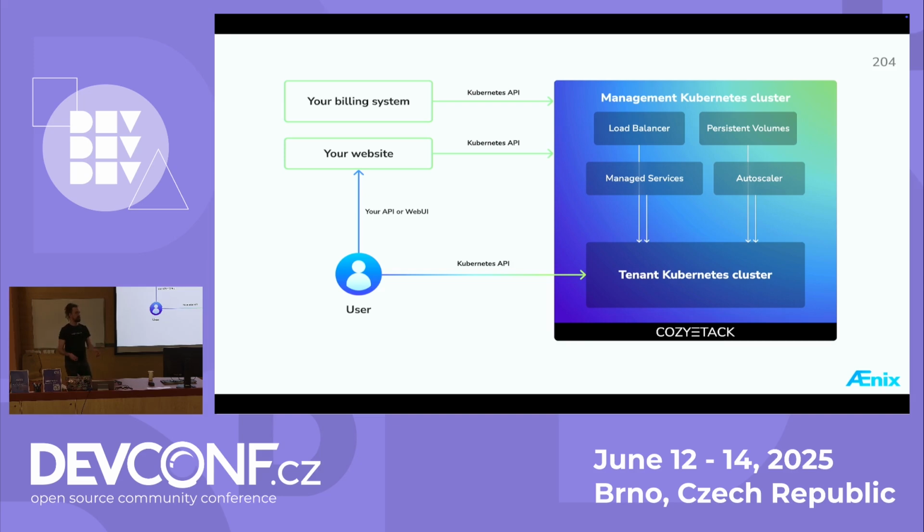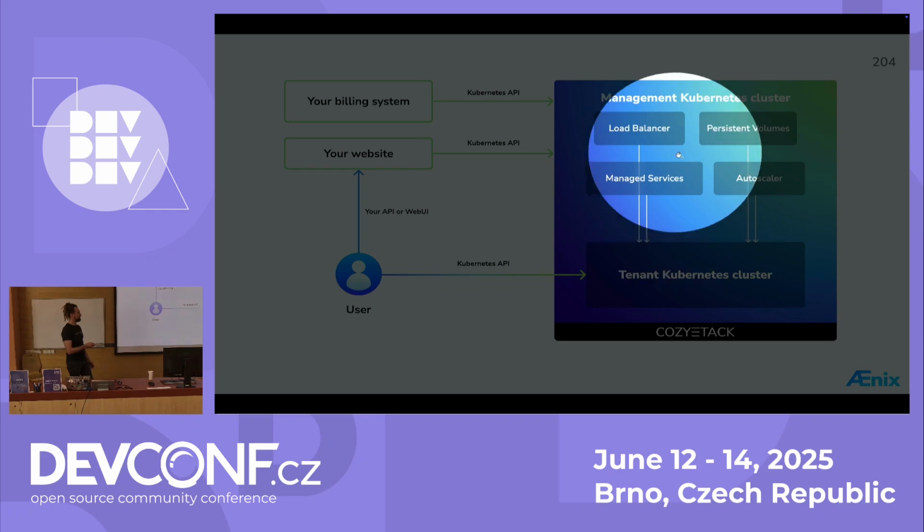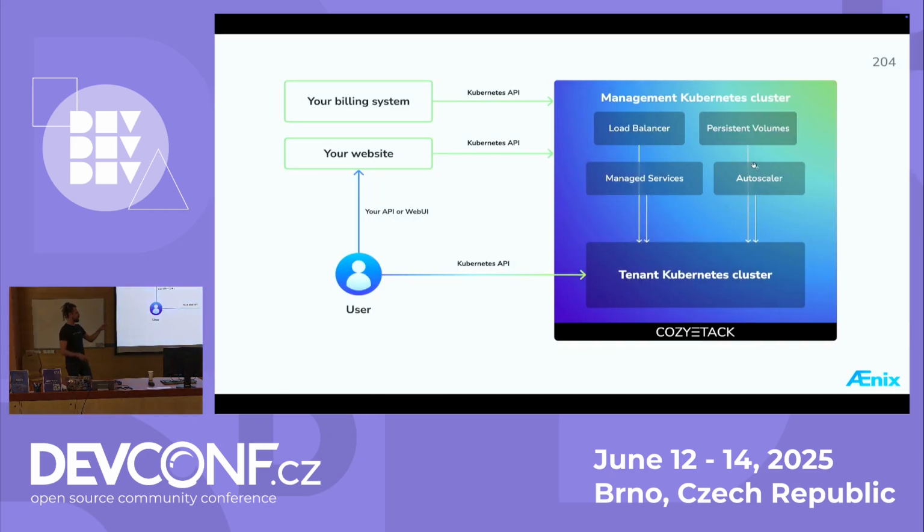So we run all of these components externally, and the user can interact with their tenant Kubernetes API and start provisioning persistent volumes and services. They will magically appear, but users will not see the controllers that provision them.